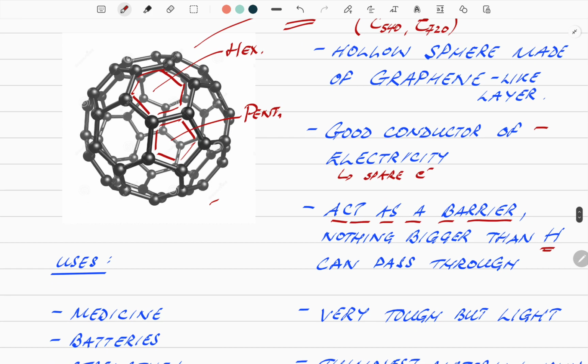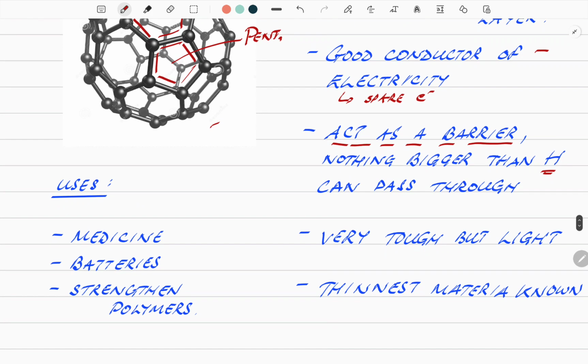That's in your textbook, so if not sure, either ask me in the comments or look it up in the textbook by all means. One of the really special properties of fullerenes is they're very, very tough, but very light. So in some ways, it's almost like the perfect material, very strong, but extremely light.